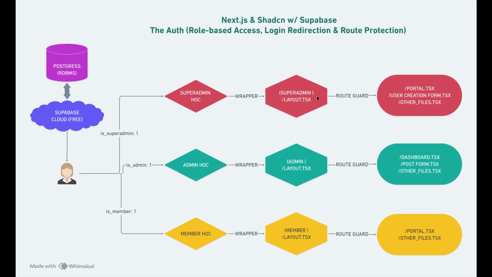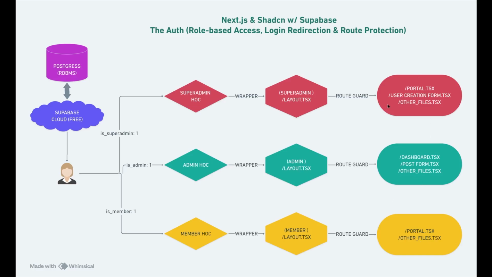And under these folders, they will have their corresponding layout files that will actually take you to all the other pages, like the portal page here and the user creation form and other files. In the admin's case, the dashboard, the post, insert form, edit form, etc., and the other files, and also in the members portal and the other files.